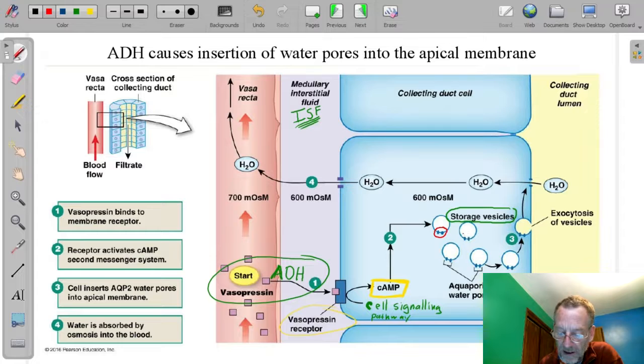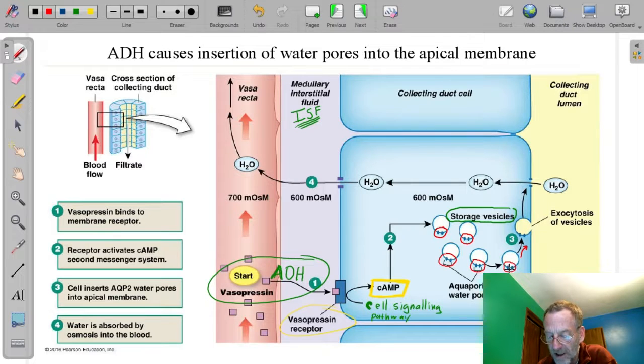These are proteins that were translated back on the rough ER to the Golgi, and here they are now sitting inside these cells of the collecting duct. And when ADH comes along, those vesicles are then exocytosed to the membrane.